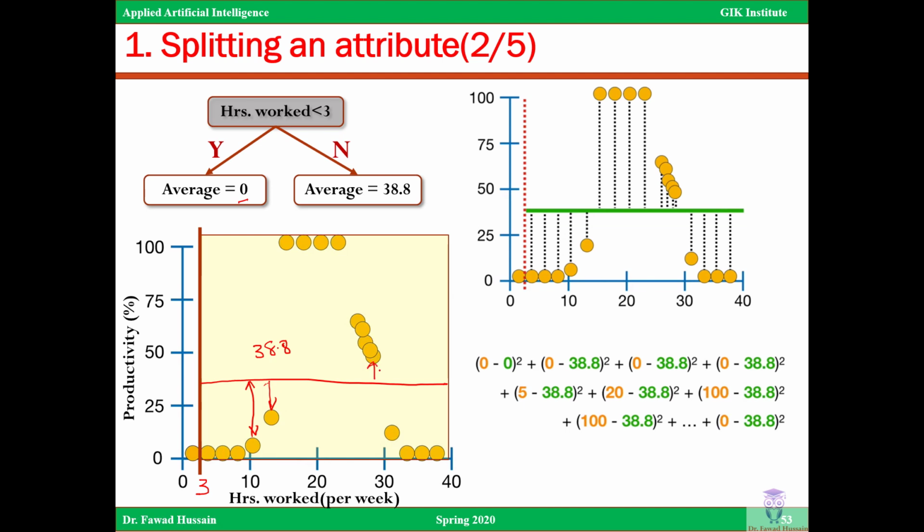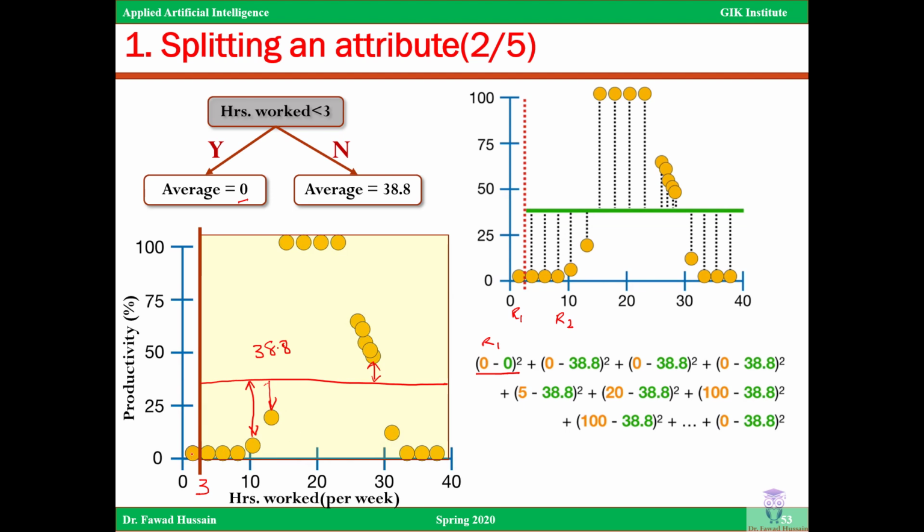For each data point, which is shown over here, all the data points are subtracted from the mean corresponding to that region. There are two regions: this is region 1 and this is region 2. In the first region the average is 0, so this belongs to R1.